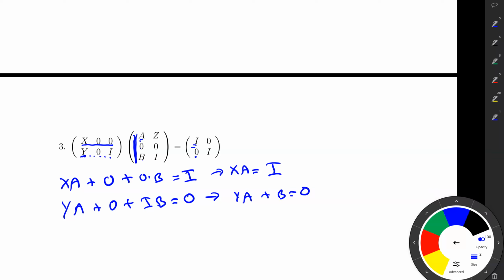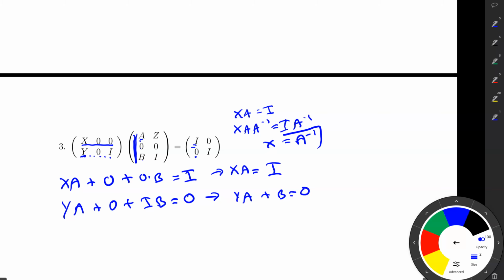So remember, I'm solving for X, Y, and Z. So let's take this and solve this for X. I can see that I can multiply both sides. So here I've got XA equals I. I can multiply both sides on the right by A inverse. So that gives me I times A inverse, which is just A inverse.